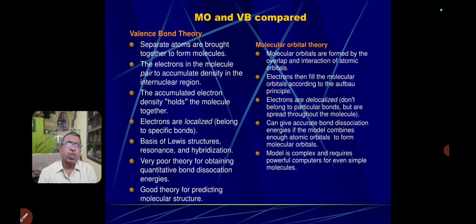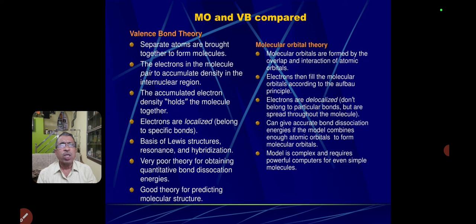This slide shows the comparison between molecular orbital theory and valence bond theory. Valence bond theory says separate atoms are brought together to form molecules. Molecular orbitals are formed by the overlap and interaction of atomic orbitals.